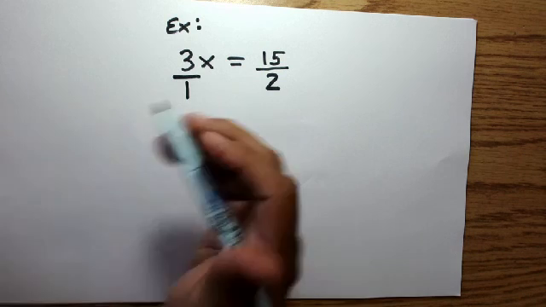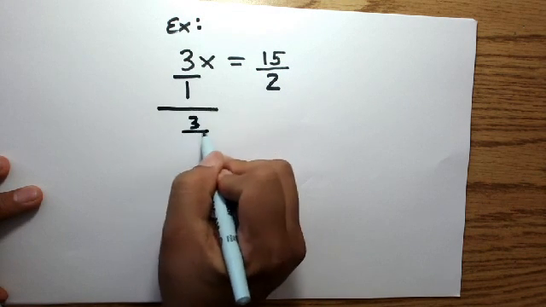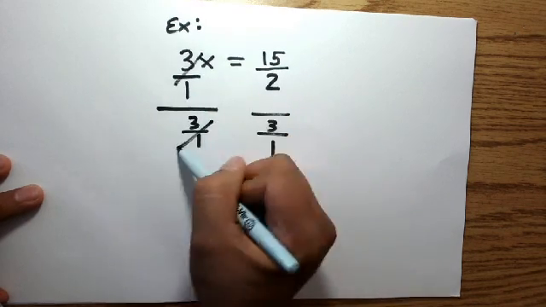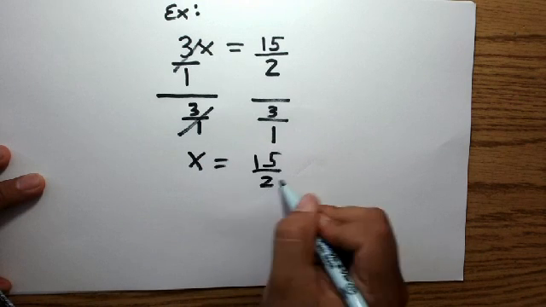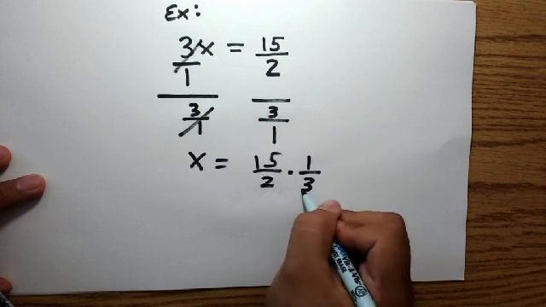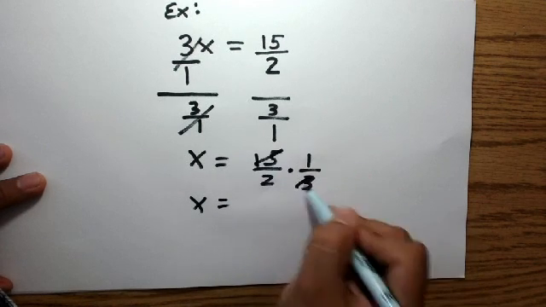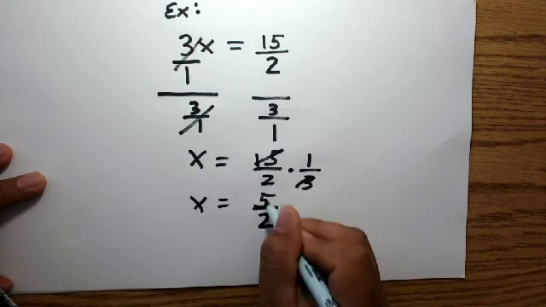So what do we do? What are we left with? It's 5 over 2.